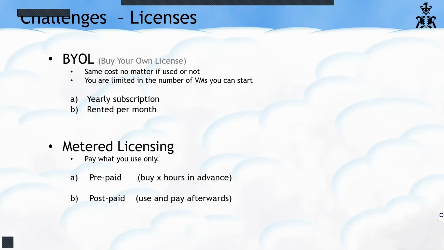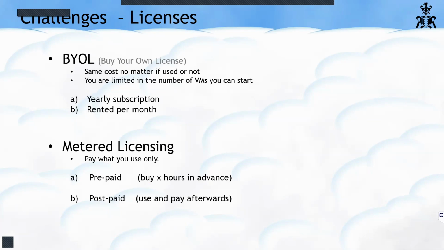It's probably because if a company uses the cloud, then they will not use it for 1 day in a year. They might use it for 30 days in a year or for 50 days in a year, and then these metered licenses have been more expensive than the monthly or yearly subscription.